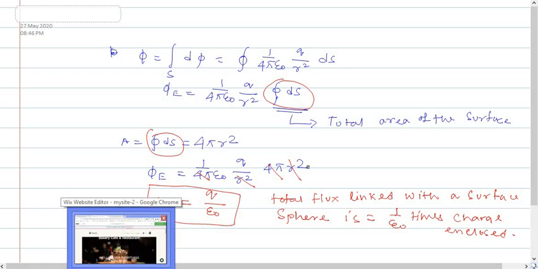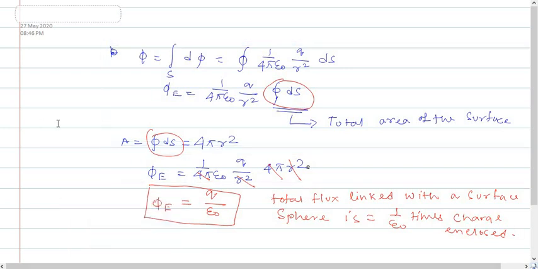Understood? This proves Gauss theorem. Now this is very, very important. You should remember this. It may come in your exam.